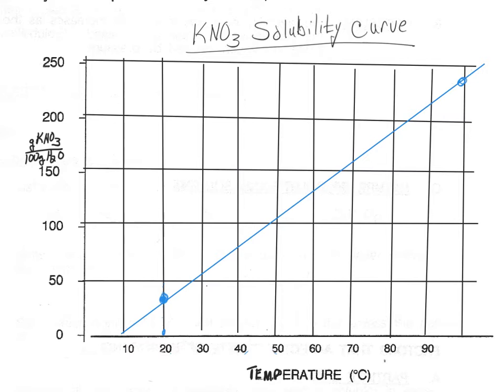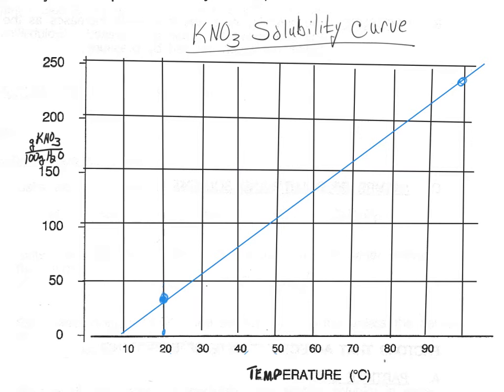Recall that a saturated solution is any solution that contains the maximum amount of solute that can dissolve in the given amount of solvent at whatever temperature you're measuring. And of course, an unsaturated solution has less than the maximum that can dissolve at that given temperature, and supersaturated has more than the maximum amount of solute that can dissolve in whatever solvent you have at that temperature.